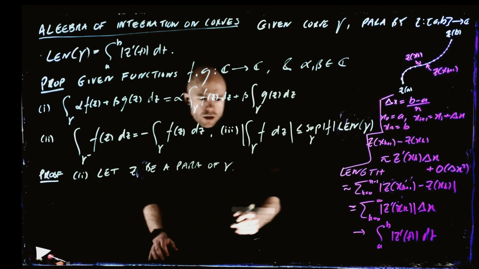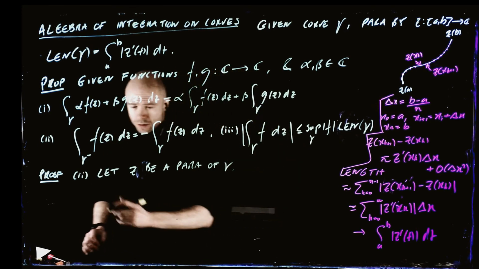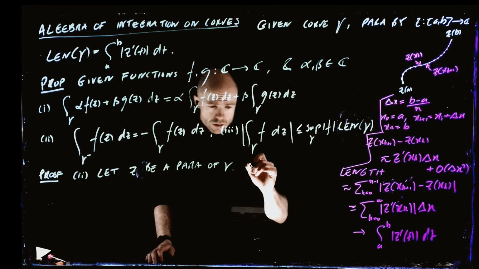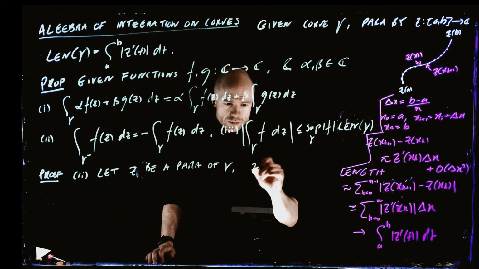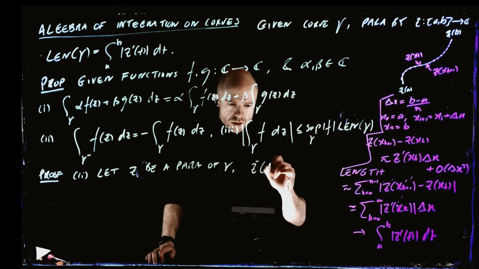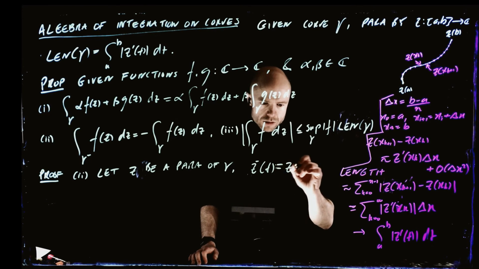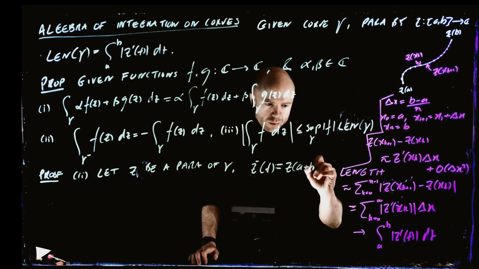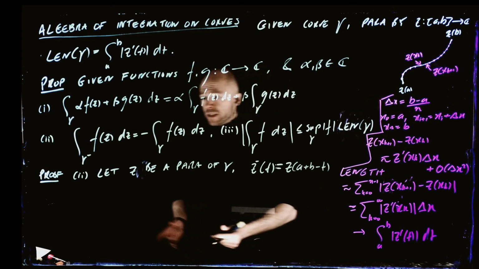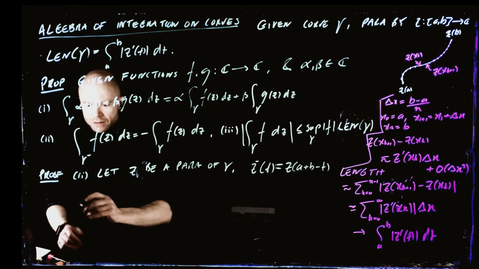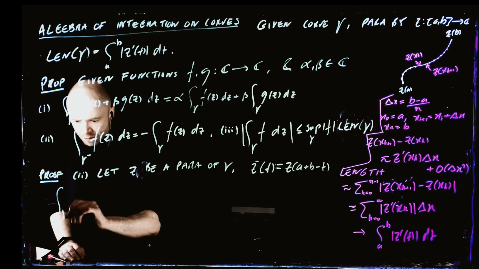Then what do we know? Then z minus of t, which is defined by z of a plus b minus t, is the parametrization of gamma minus.